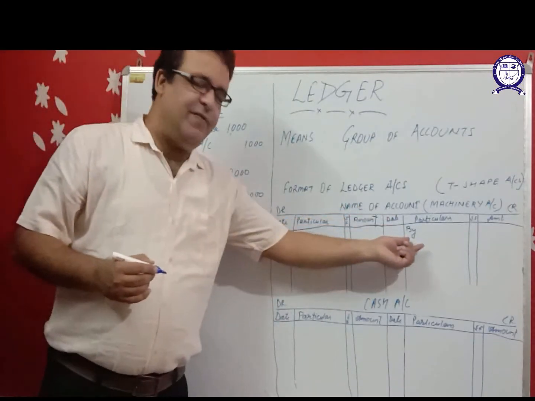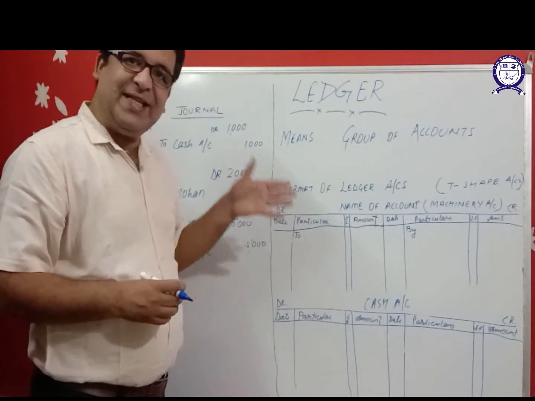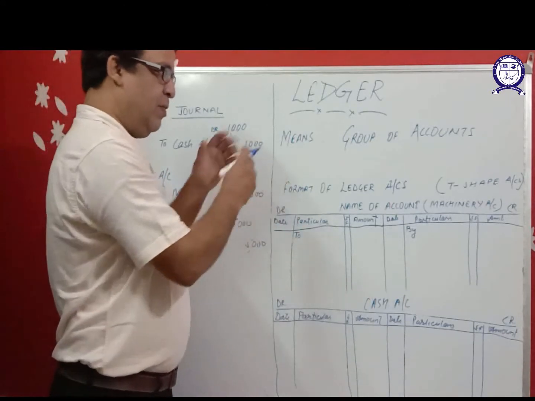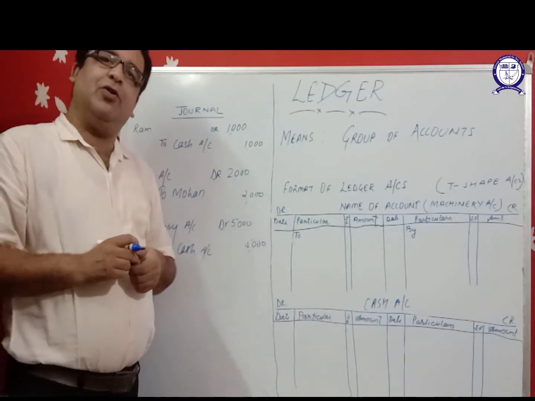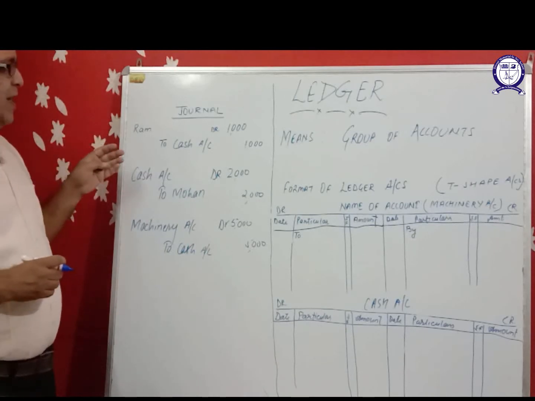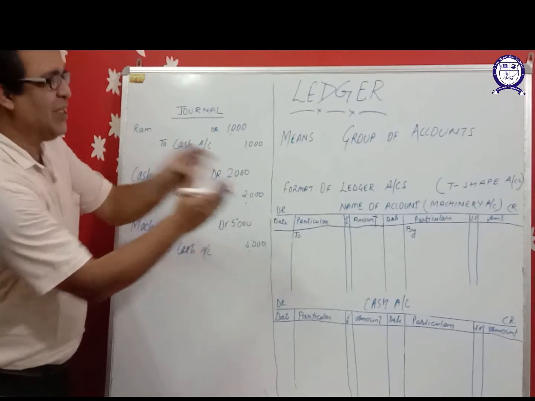On the credit side we have to write "By". So these are some basic points that we should know before starting posting into ledger. So let us start how to post from journal to ledger.